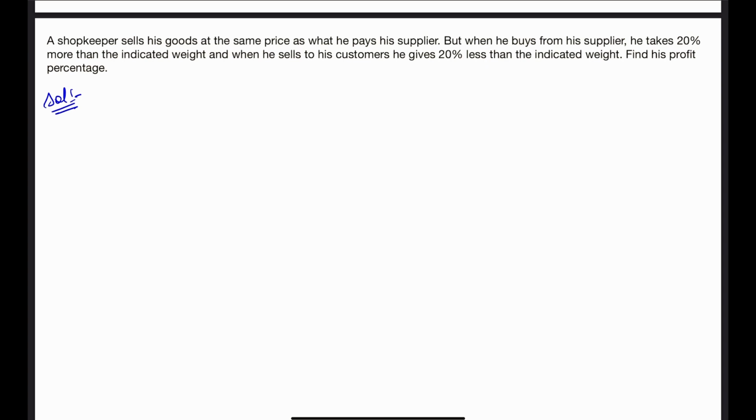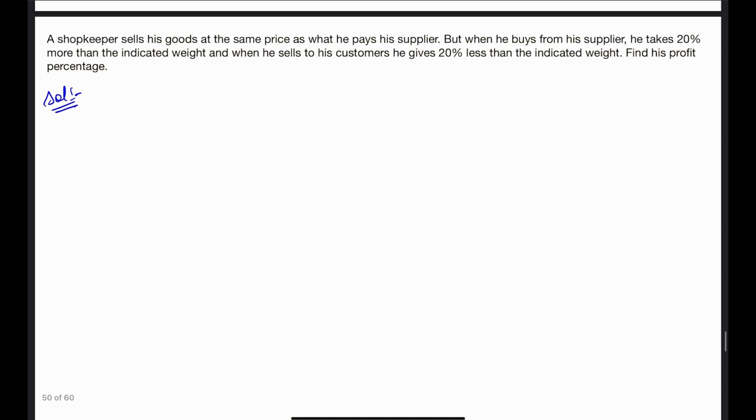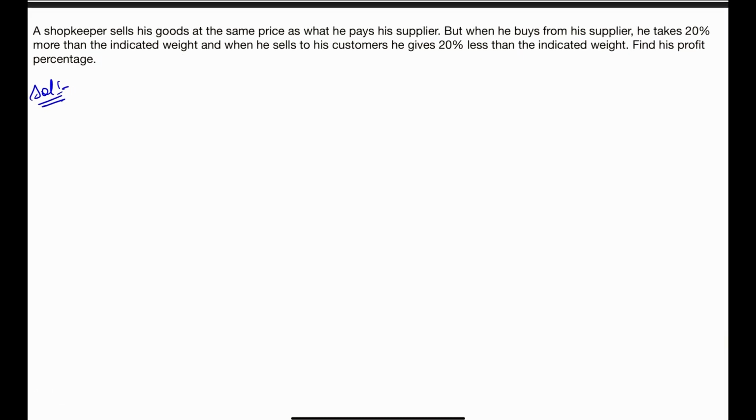So what he's doing is takes about the indicated weight. From the supplier he takes 20% more than the indicated. So suppose indicated was 1000, so he's taking 1200.